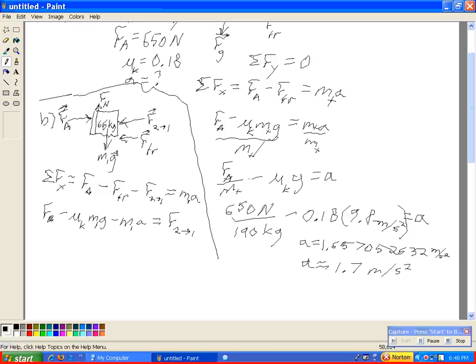It comes out to, this is an arrow. Alright.